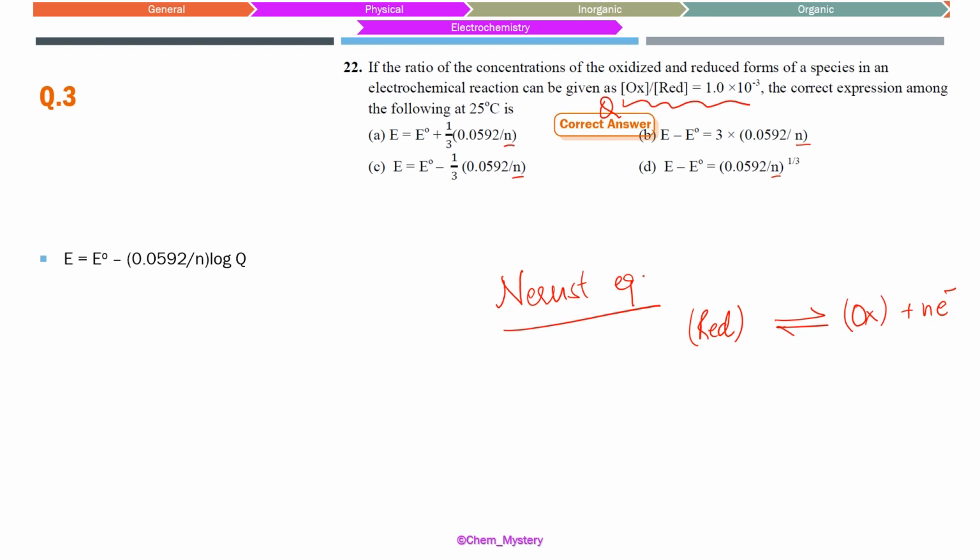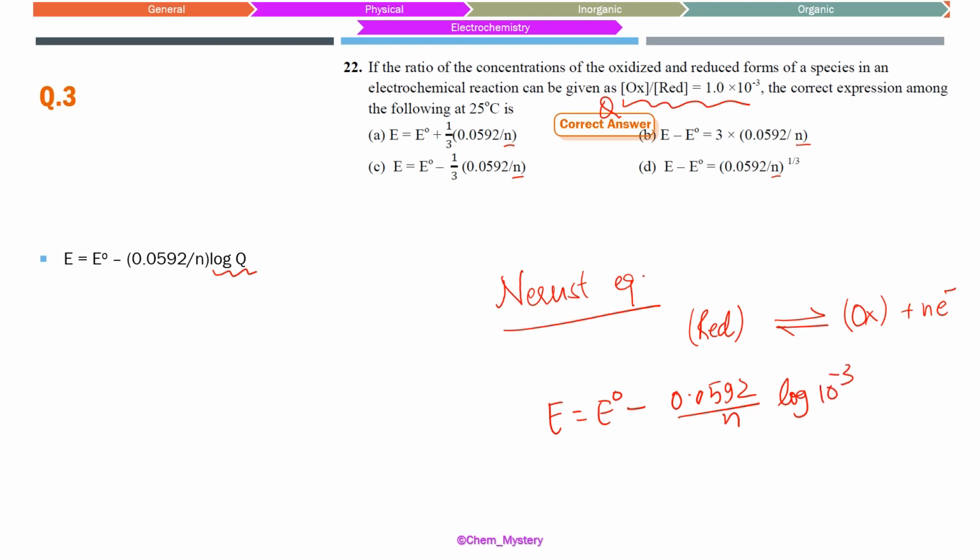We are using this Nernst equation. So when we are having the value of E for this given half cell, for the given species, the value we are substituting as log Q. So we can be writing here E equals E naught minus 0.0592 divided by n. That remains the same. Now log Q. Q has been given as 10 raised to the power minus 3. So we are writing here log 10 raised to the power minus 3.